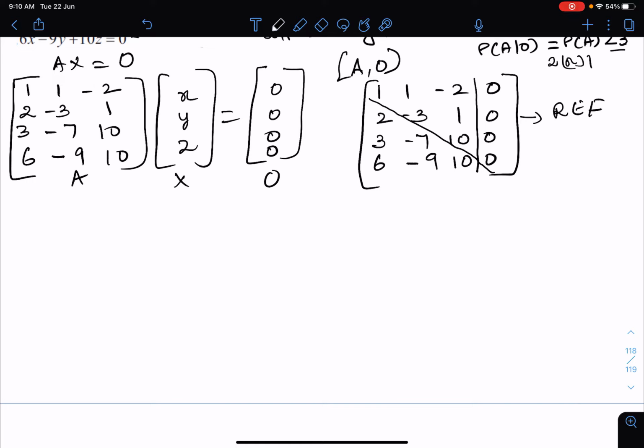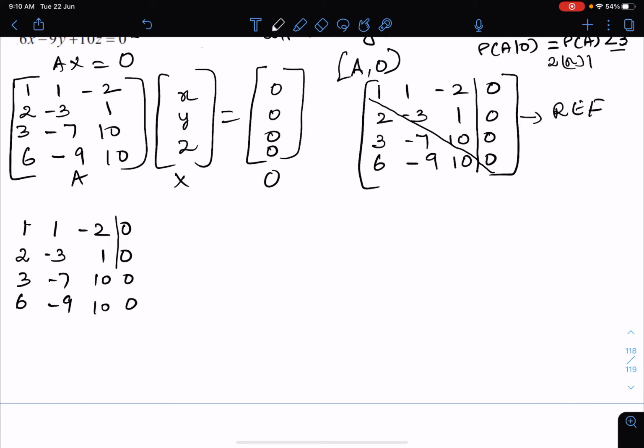Now we are going to reduce. So for that, first we are going to take the help of row 1. 1, 1, minus 2 and 0; 2, minus 3, 1 and 0; 3, minus 7, 10 and 0; 6, minus 9, 10 and 0. So drop the line. Now we are going to change R2, R3 and R4.